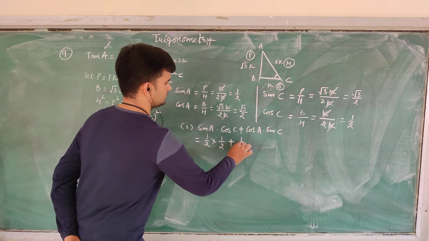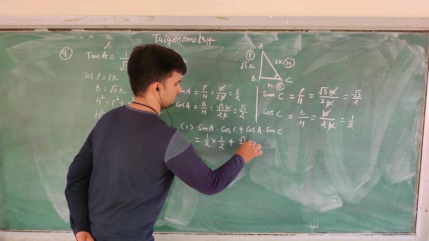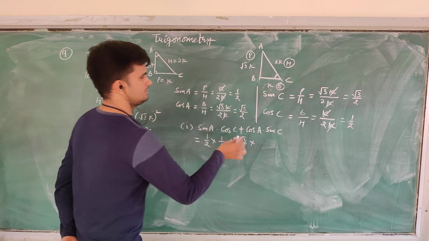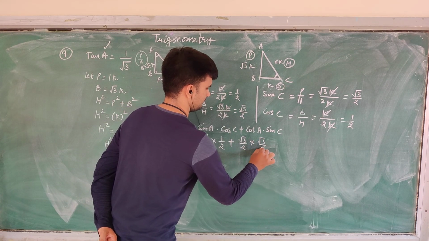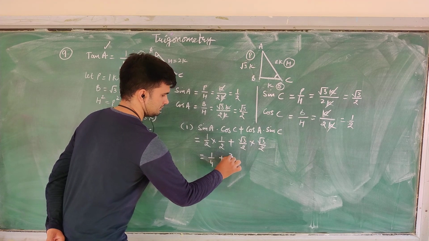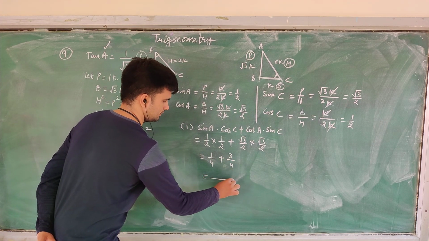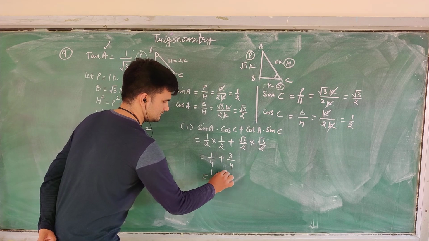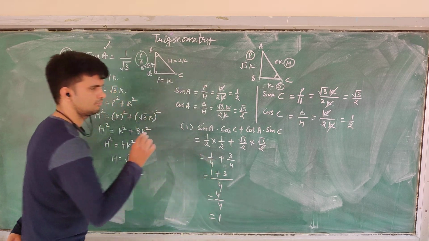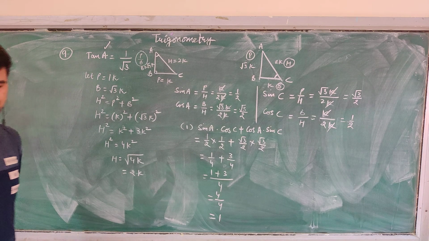Cos A is root 3 by 2, sin C is root 3 by 2. So it is equal to 1 by 4 plus 3 by 4. 4 is the LCM. It is 4 by 4 equals to 1.